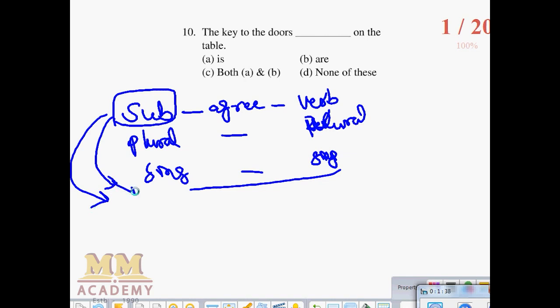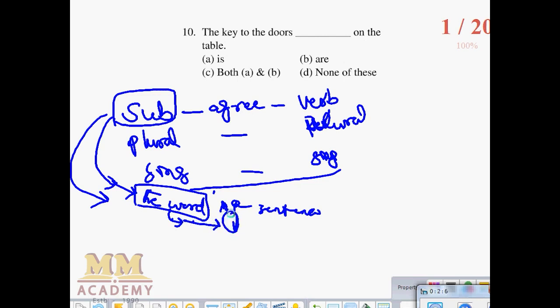So subject is the word in a sentence which performs an action, right? This word can be the name of a person, the name of a thing, or anything, right? So subject is someone or something that performs an action. This is one identification of subject.